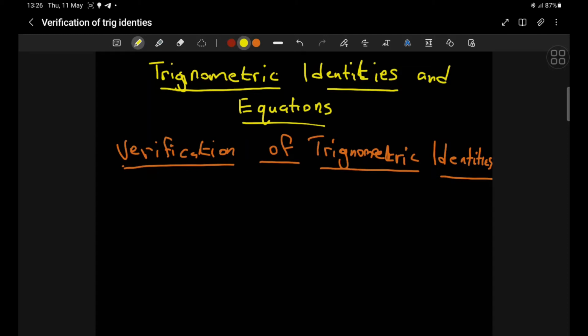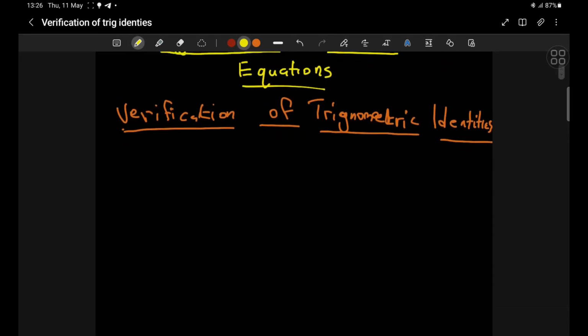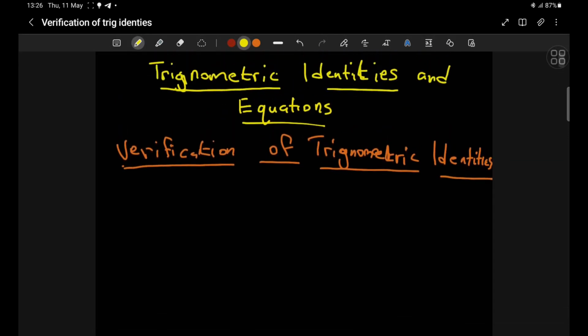So for today we're looking at trigonometric identities and equations, and our focus is on verification of trig identities. Before we begin looking at any expressions on trigonometric identities, I'd like us to look at what we call the fundamental trigonometric identities, which will help us in resolving expressions of identities.